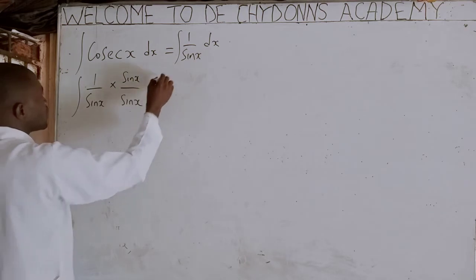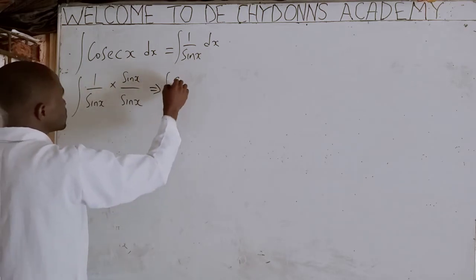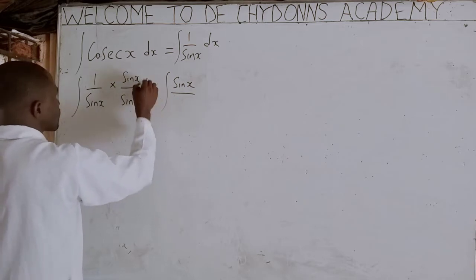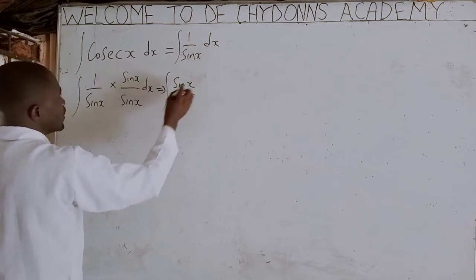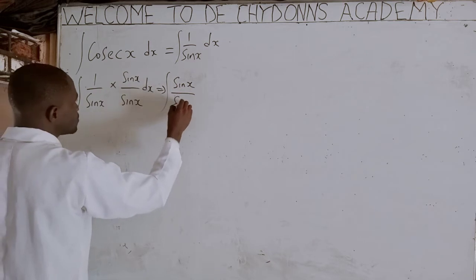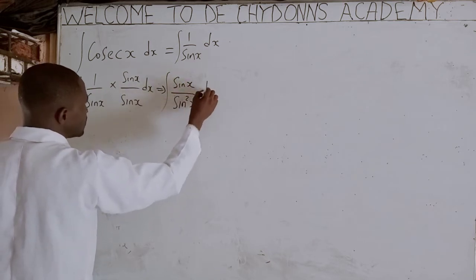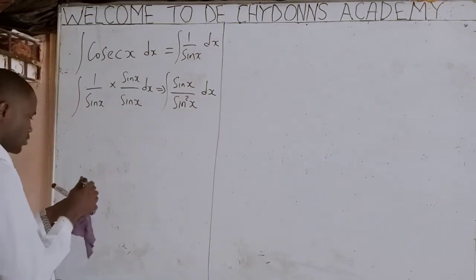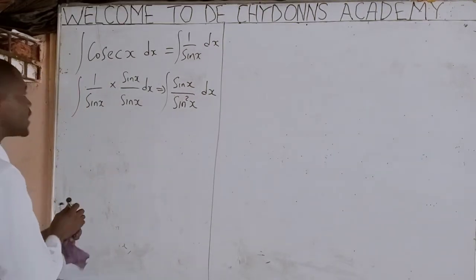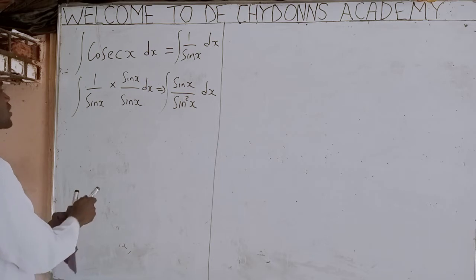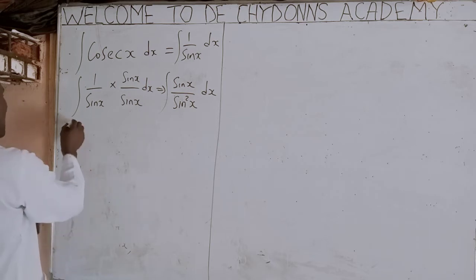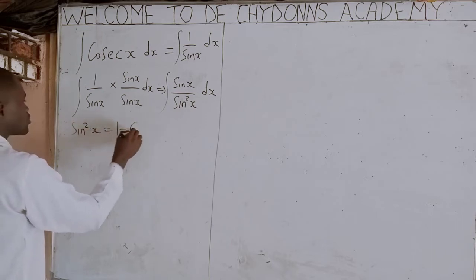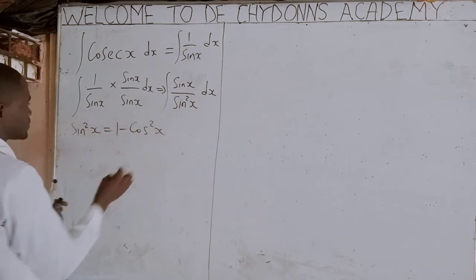That will give us the integral of sin x all over sin squared x dx. So what is the equivalent of sin squared x? From trigonometry we have that sin squared x is equal to 1 minus cos squared x.